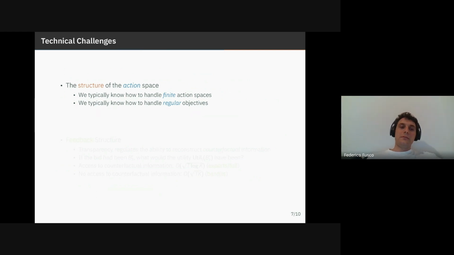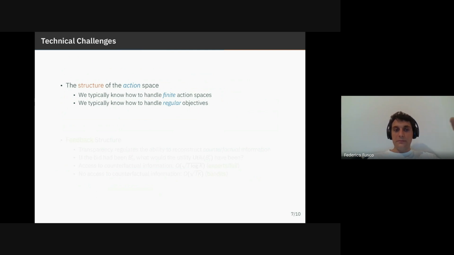Okay, before presenting our results, let's think about the technical challenges of this problem. In the classical online learning model, we have a finite action space, a number of arms, also called bandits in some applications, and the learner has only this very narrow action space to choose from that is typically finite.